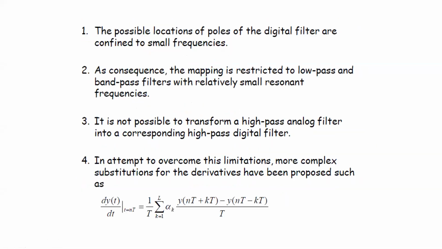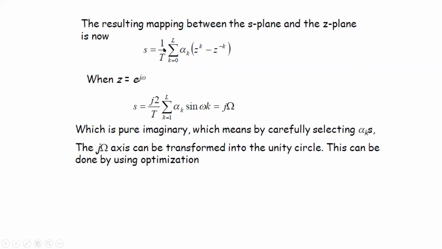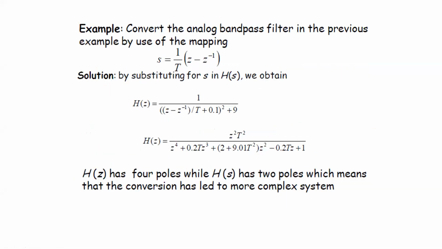If you remember, I said that in an attempt to overcome the limitation, more complex substitutions are proposed. What is the substitution? This is the substitution, and we used the first term of the more complex substitution, and we saw that the resulting digital filter has 4 poles now.